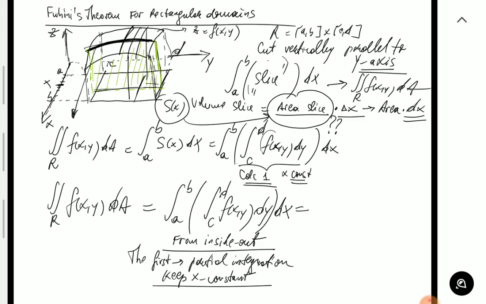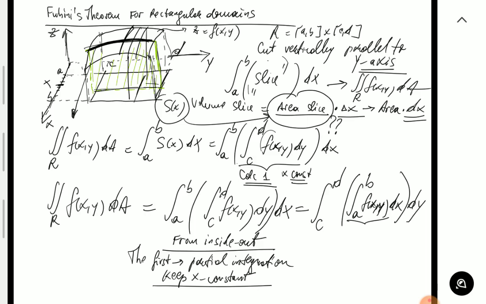The same thing could be the integral from c to d, in which the innermost integral is with respect to x first, then the answer with respect to y. It's very important to realize that the order of integration can be changed in the rectangular domain at will, because you may strongly prefer one way over the other, depending on the type of function you have. So the integration could be easier in one direction versus the other.